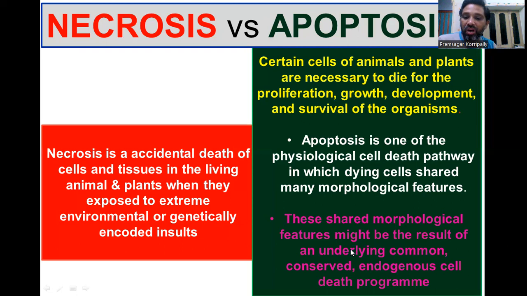These shared morphological features might be the result of an underlying common conserved endogenous cell death program. So whatever morphological features take place when a cell is undergoing apoptosis, that's all due to a common conserved endogenous death program.